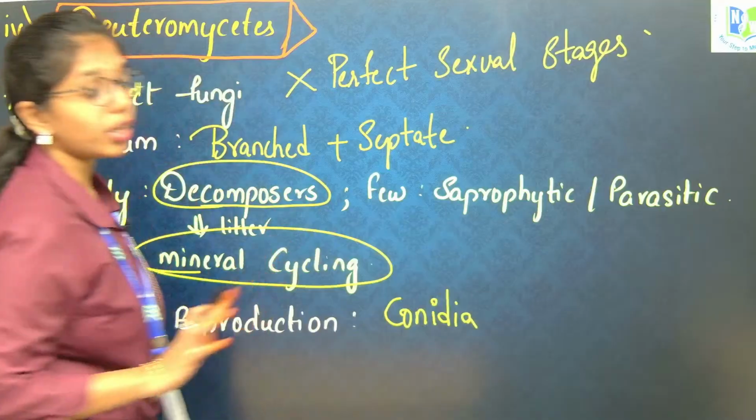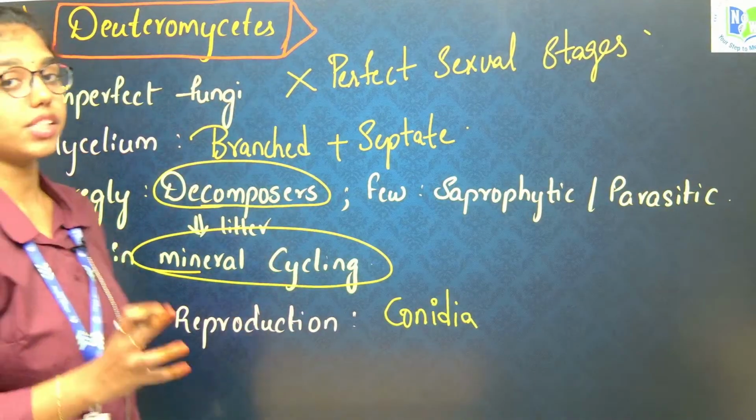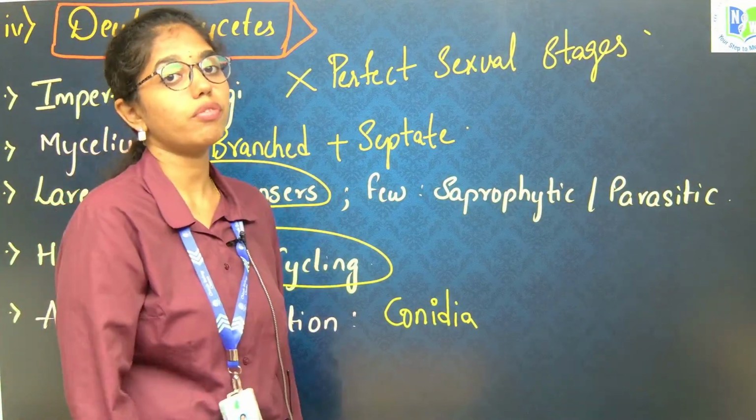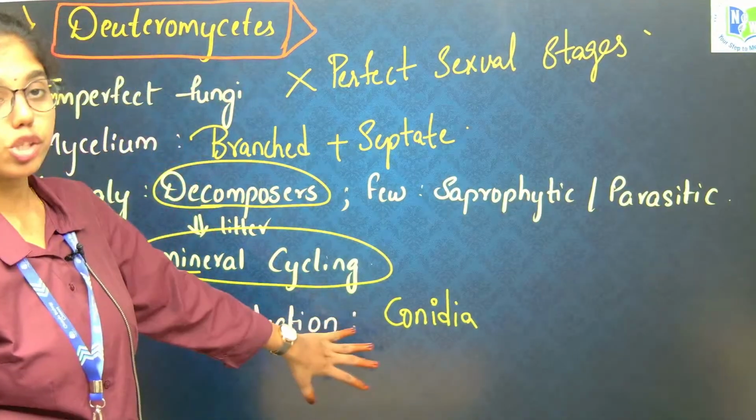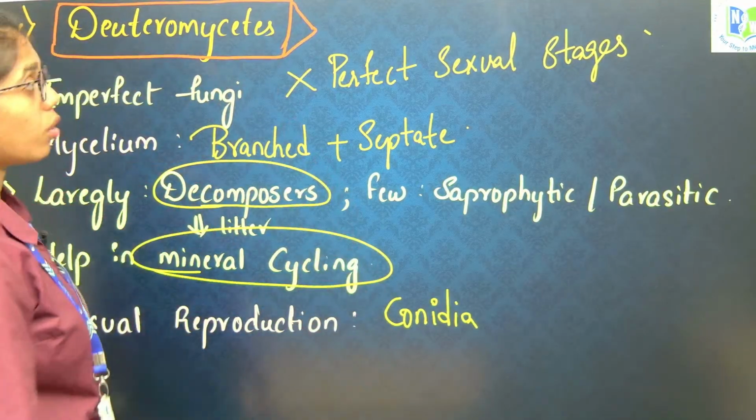It is very important to remember the sexual spores and asexual spores for each and every class of fungi. The asexual spore in Deuteromycetes is conidia.